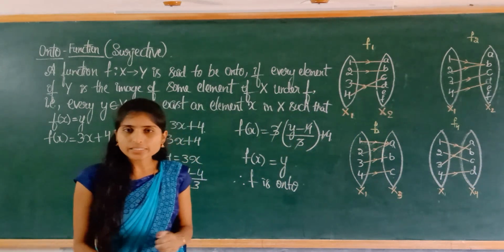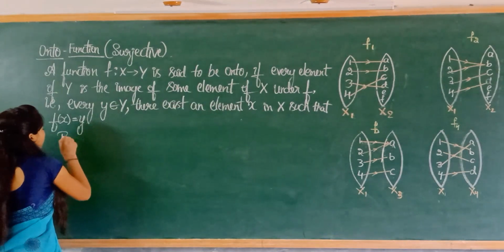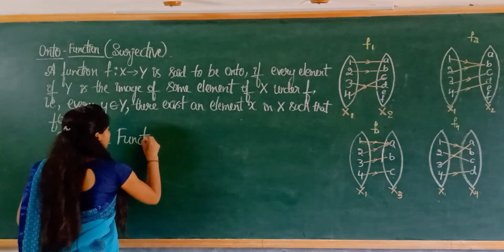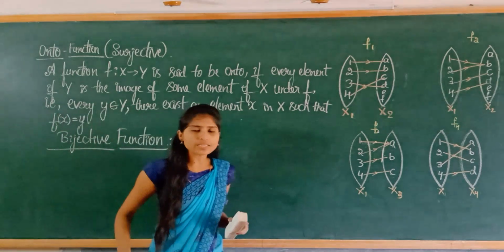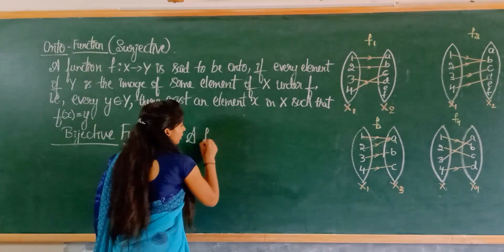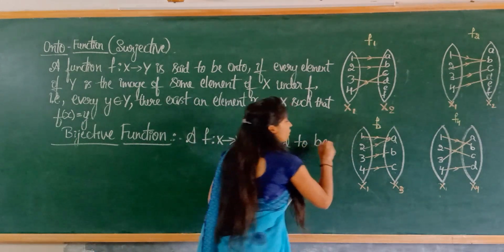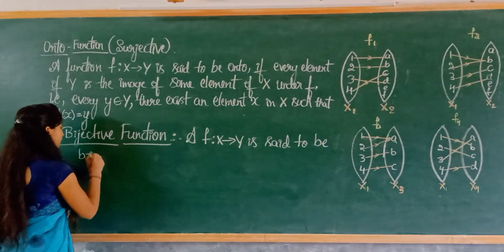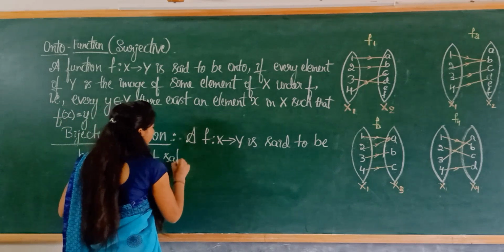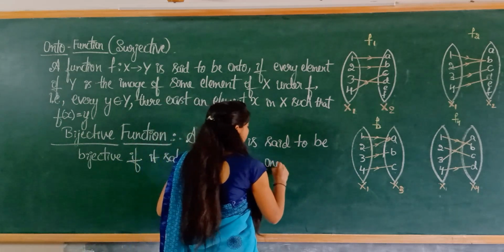Next we see the bijective function. A bijective function means a function f from x to y is said to be bijective if both one-one and onto conditions are satisfied.